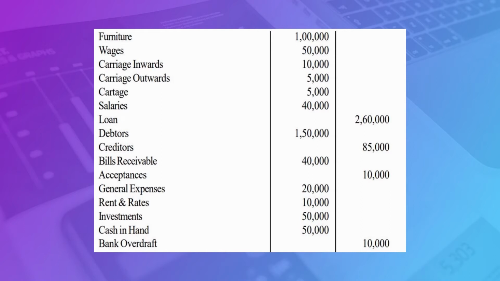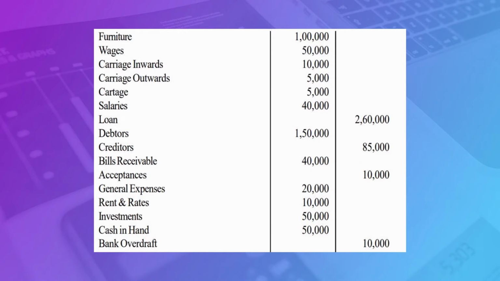Loan is a liability for the business. It means the business has taken a loan of rupees 2 lakh 60,000. The assets always have a debit balance, therefore the liabilities will have a credit balance. So, the loan is rupees 2 lakh 60,000. Debtors are again an asset for the business. They are the persons to whom we have given credit facilities, or to whom we have sold goods on credit.